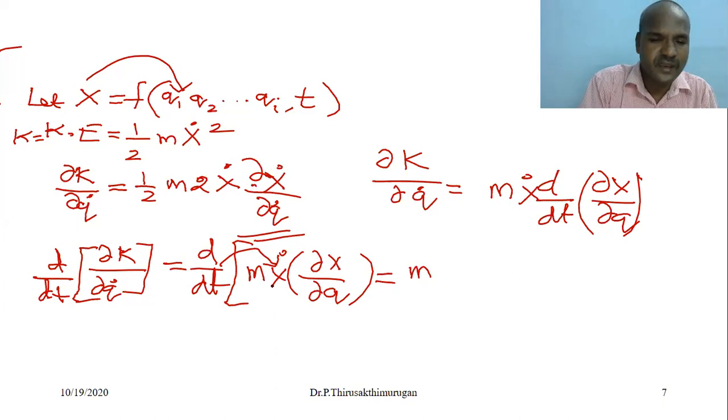So there are two variables: one is x dot, the other is dou x by dou q.